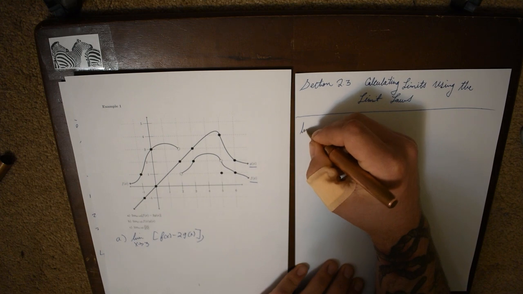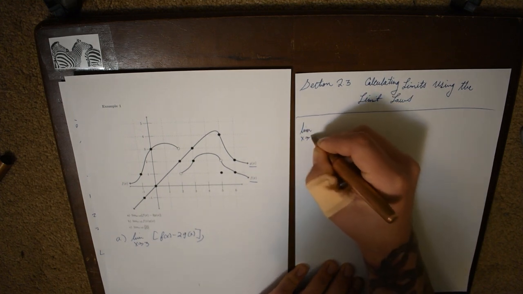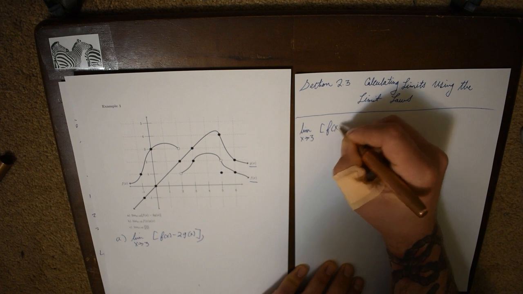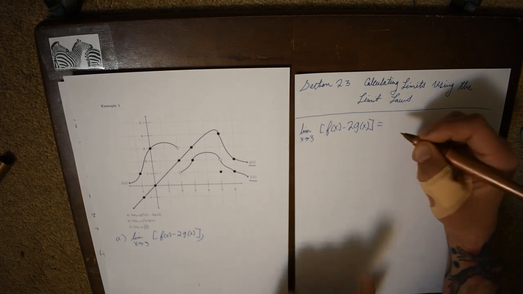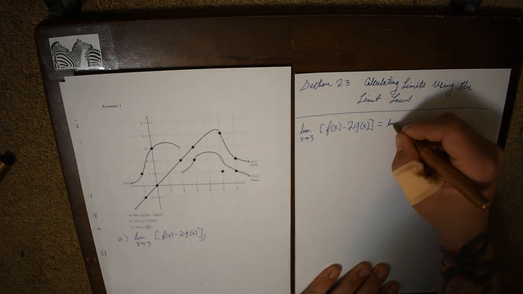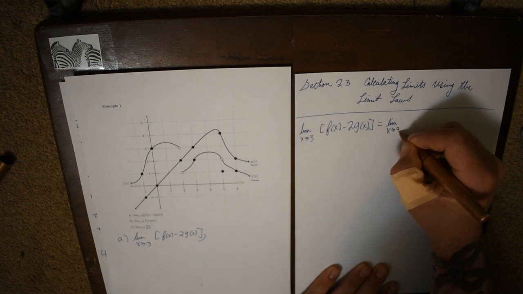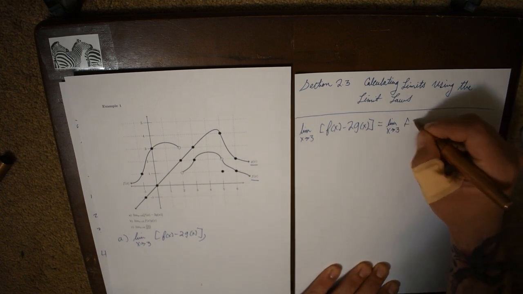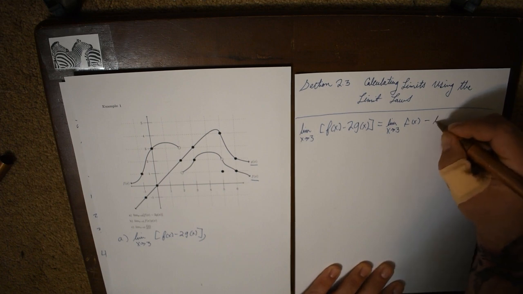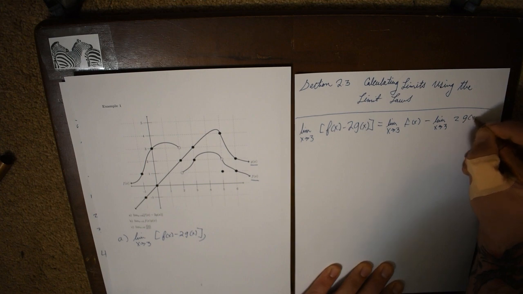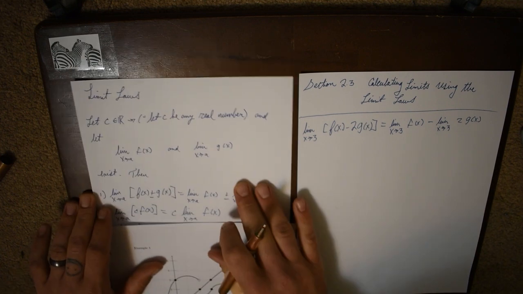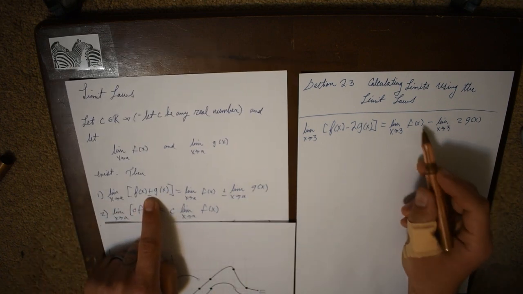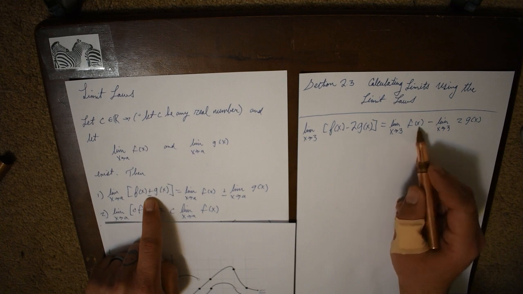The limit as x approaches 3 of f of x minus 2g of x, well, we're going to break it up at subtraction, is equal to the limit as x approaches 3 of f of x minus the limit as x approaches 3 of 2g of x. And that was using limit law 1. So now we can just find the limit as x approaches 3 of f of x.